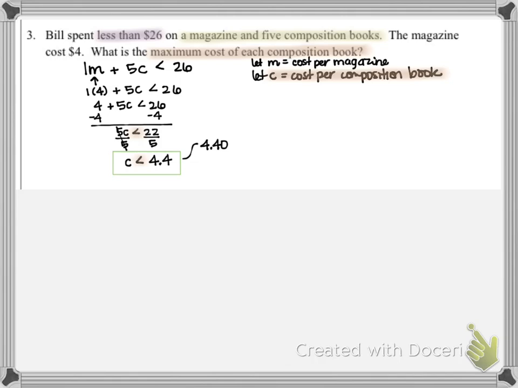So I would say then that the maximum cost per composition book would be $4.39. So we can't hit the 26. We're not allowed to. It says that he spent less. All right, and that should cover the notes for the 9.1.2 lesson.